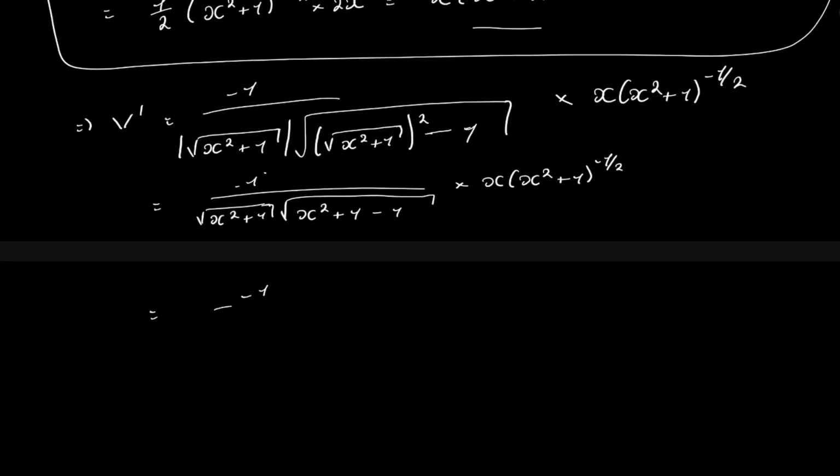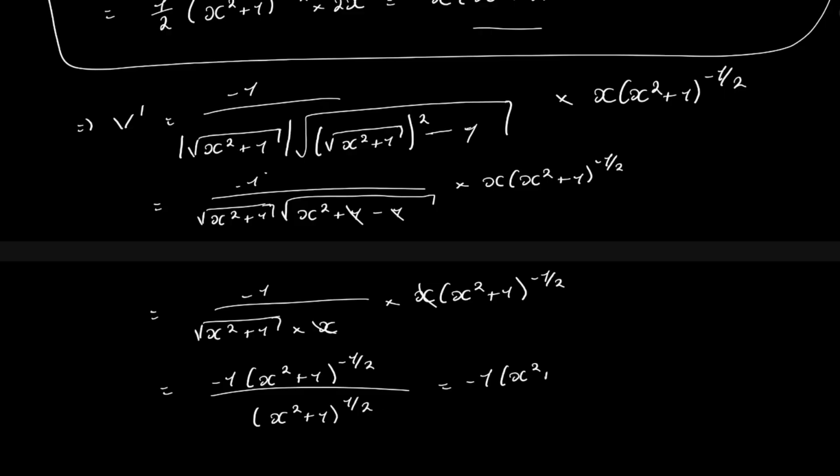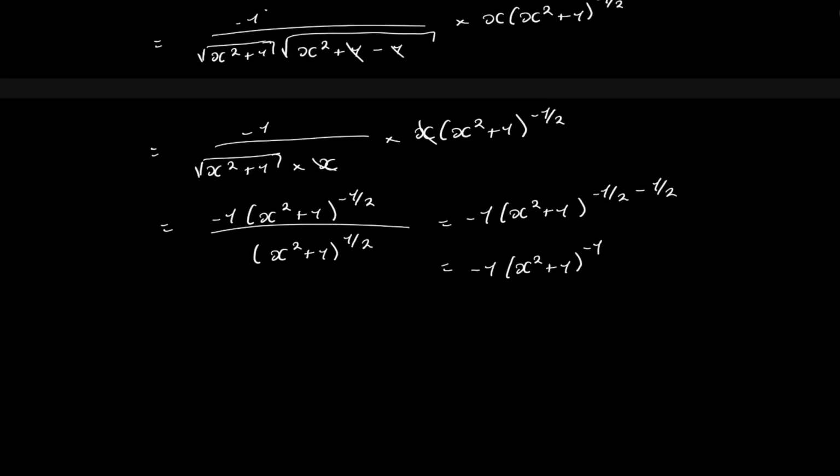This then simplifies to negative 1 on square root of x squared plus 1 into x squared plus 1 minus 1, it cancels out, square root of x squared gives us x, times x into x squared plus 1 all that to the power negative half. x cancels x, leaving us with negative 1 times x squared plus 1 to the power negative half divided by x squared plus 1 to the power half, which then simplifies to x squared plus 1 to the power negative half minus half, which simplifies to negative 1 times x squared plus 1 all that to the power negative 1, which can be written as negative 1 on x squared plus 1. So our v prime is done.